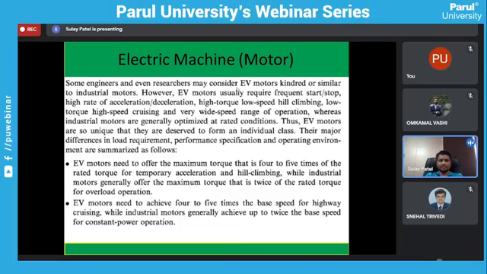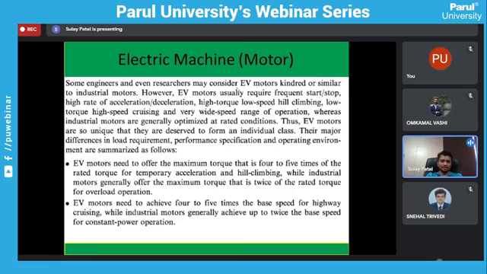You can see that all roads are not at the same level. So when we are going uphill or in a hilly area, we require additional, very high torque. And obviously, if we want high torque, then the speed is also low.